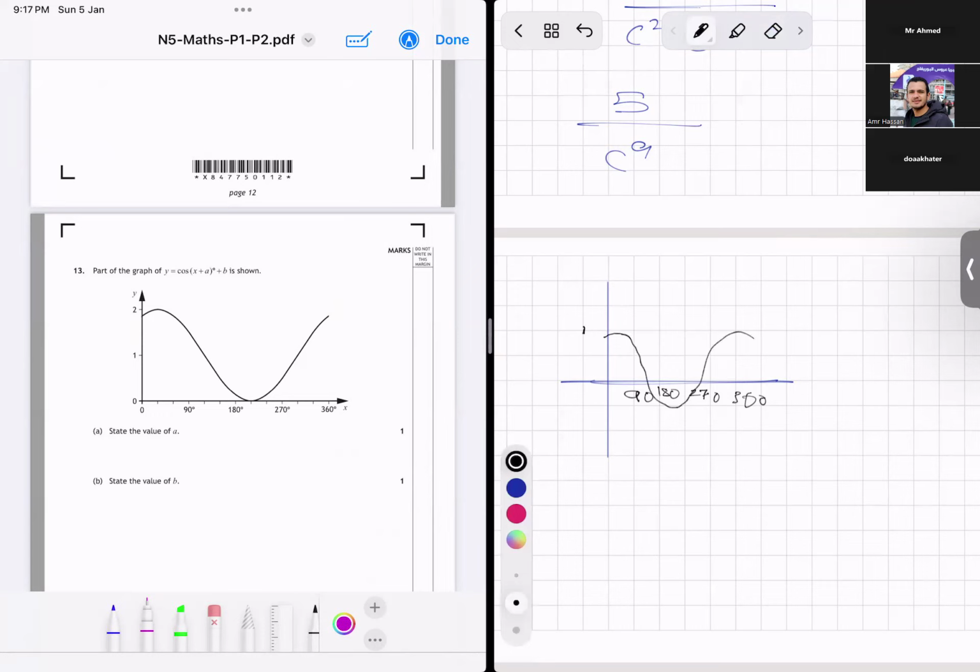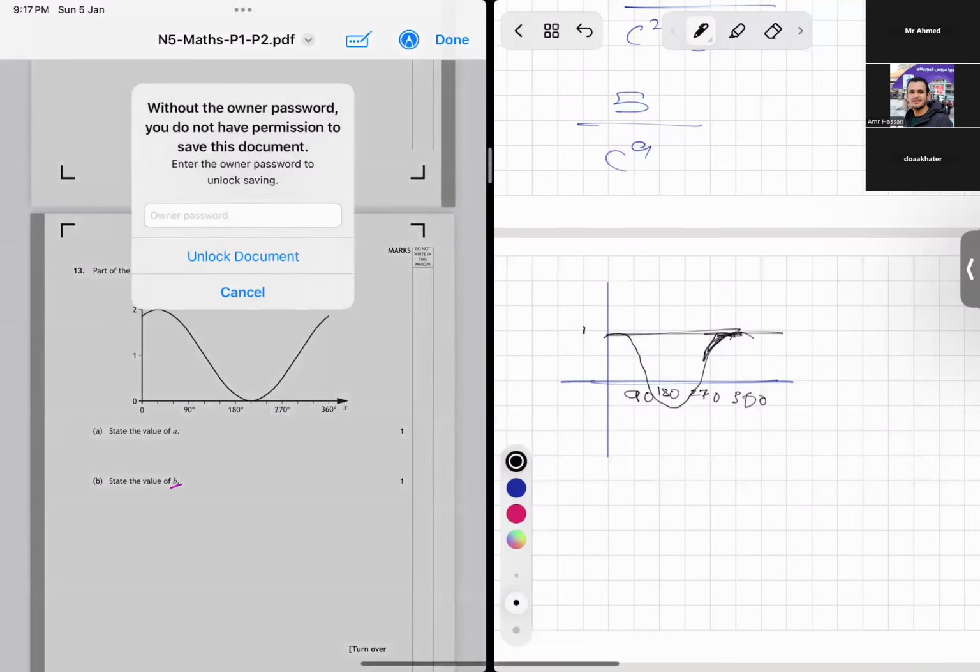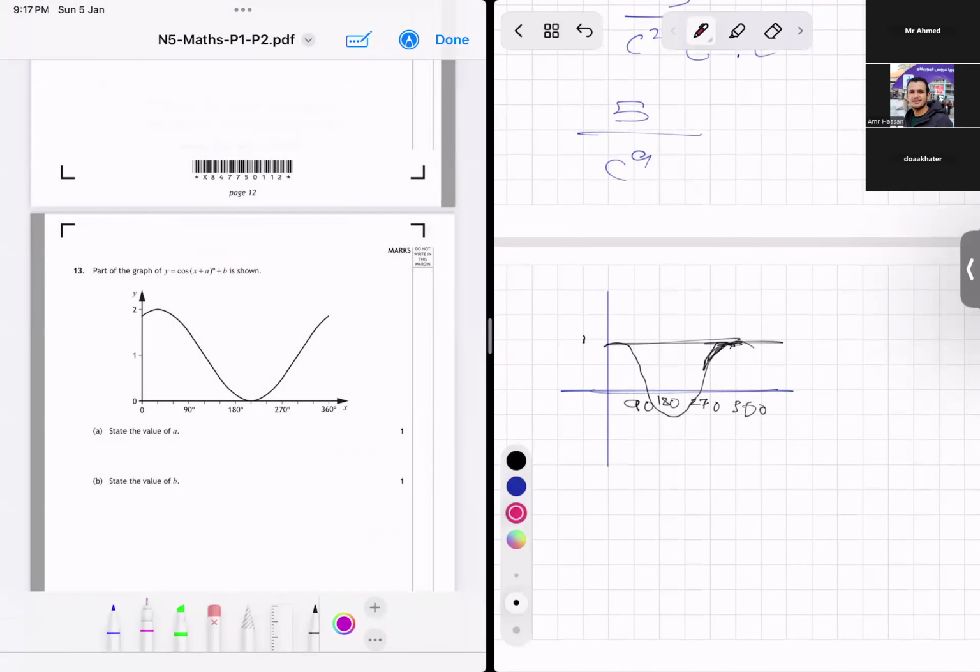Anyway, the range there is 1 to negative 1, as I told you. But the point is, this one sounds like 2, right? So it means that y equals cosine x plus a.